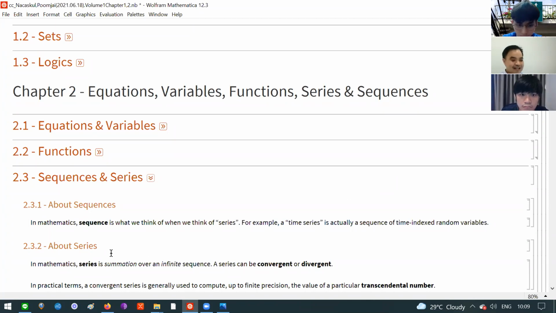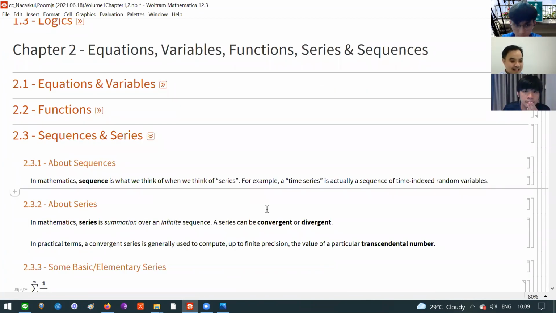So the first thing is called a sequence. Now, you might ask, what's a sequence? Well, a sequence is a series of numbers, but it has a logical way of continuing.